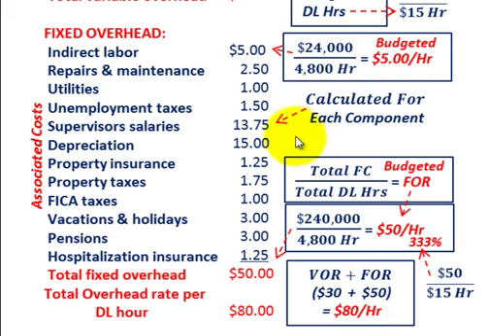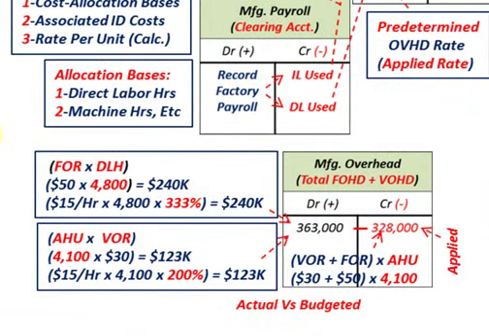Okay. All right, so we've looked at our calculations and so forth. Now let's briefly apply this to see what we're looking at. Okay, back to our manufacturing overhead account. This will be our total fixed overhead plus our variable overhead. So remember, we were accumulating our actual amounts in our debit account. And then on our credits, this is what we were taking out of our manufacturing overhead account and moving into work in process at the predetermined or applied rate.